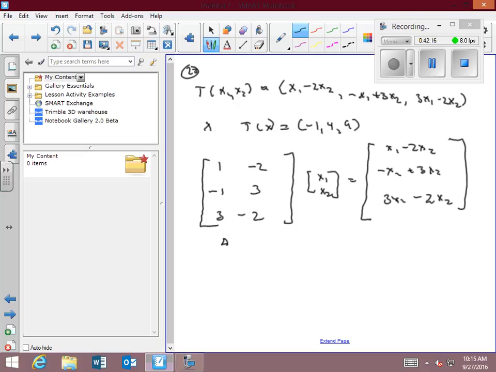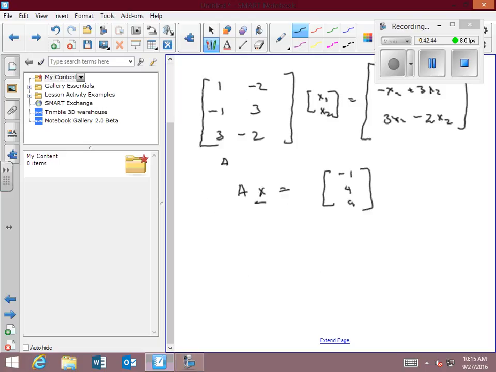Now what we want is AX equal to this B, minus 1, 4, and 9, and we want to calculate that X. So we've got to take this A matrix and augment it with this B right over here.